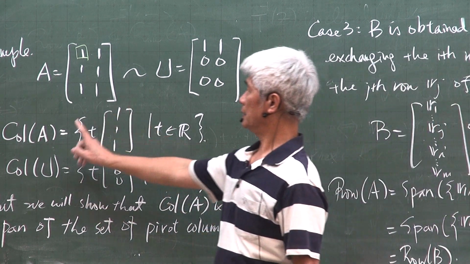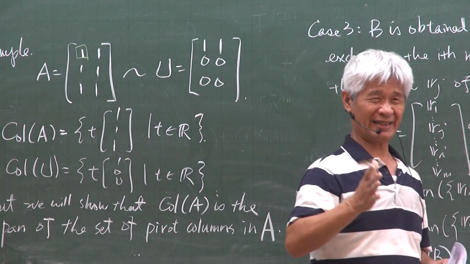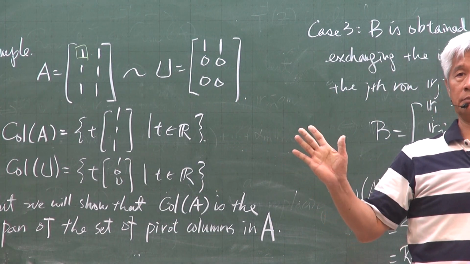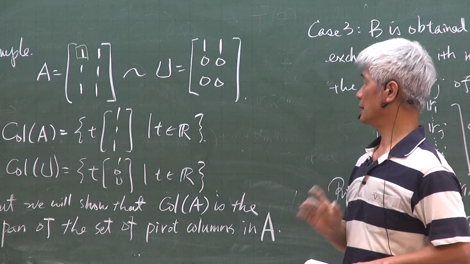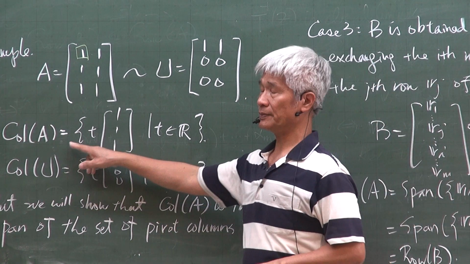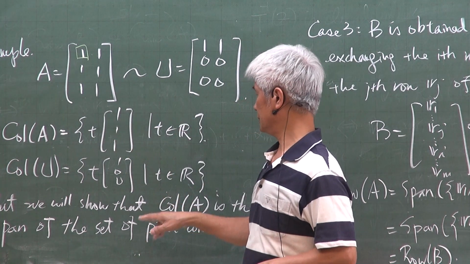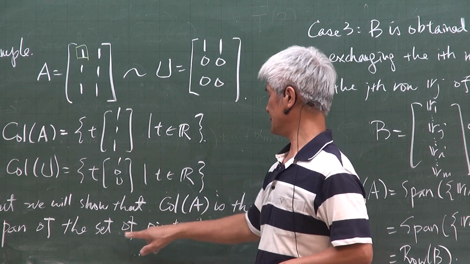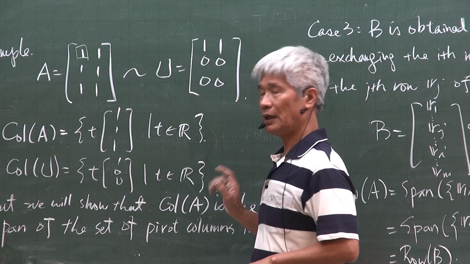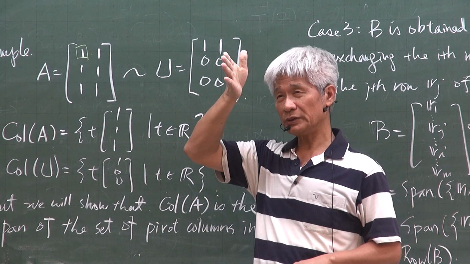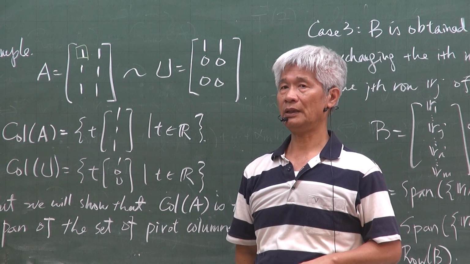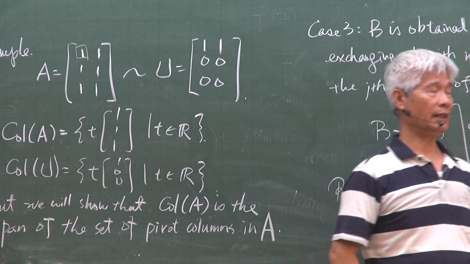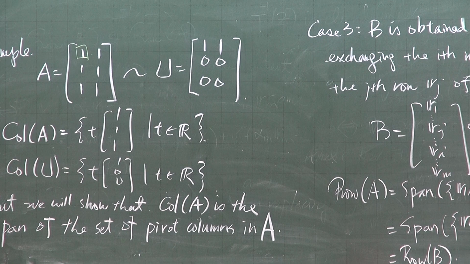Of course, the column space of A is the span of the set of all columns, but you can reduce the number of columns, saying that the column space of A is the span of only the pivot columns, only those columns that contain a pivot. And that will give you more information. We will show that later on.